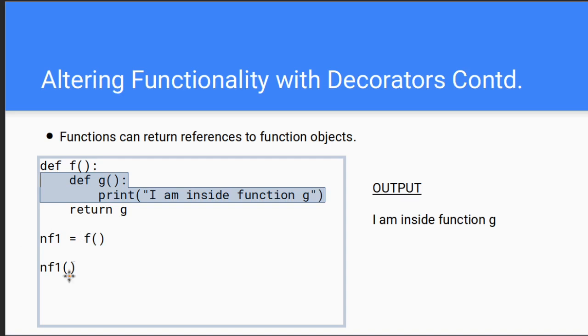Here is our main line. We are going to call f, and we're going to store the value in nf1. And nf1 is going to have the reference to function g. So we can call it. We're assuming that we're getting back a reference here. So this is calling the same thing as calling g, and it should say, I am inside function g.